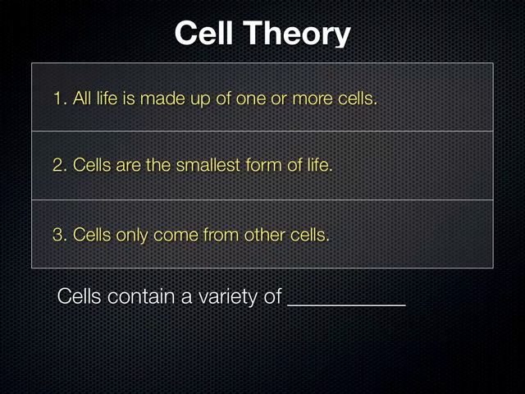All right, the last thing is that cells contain parts within them. So we have a cell, which is just one sort of structure, but inside of it there are smaller parts. They're called organelles. Now, that word probably looks familiar.